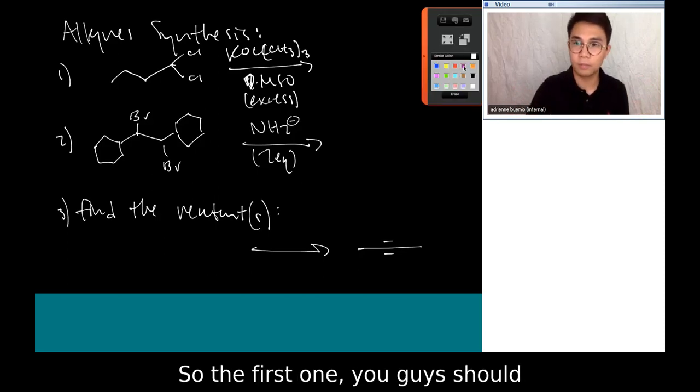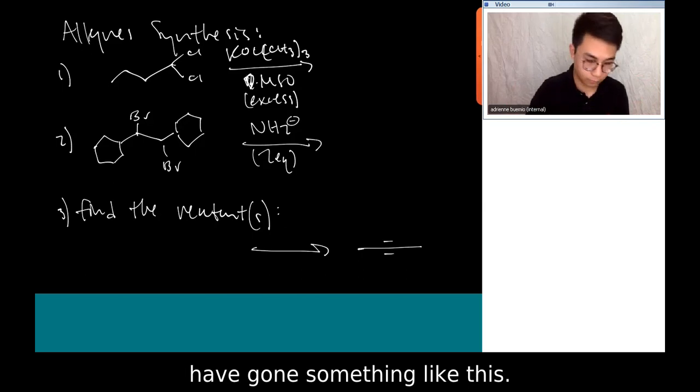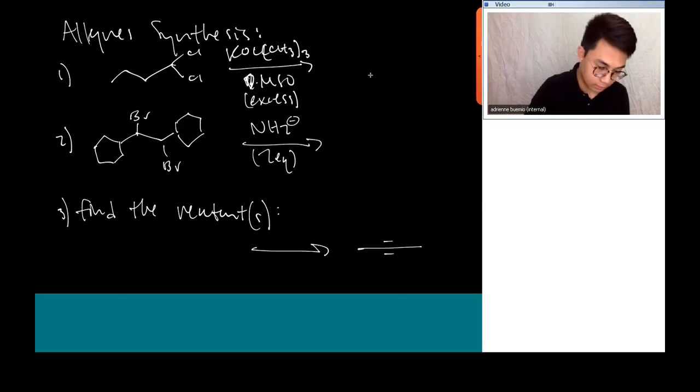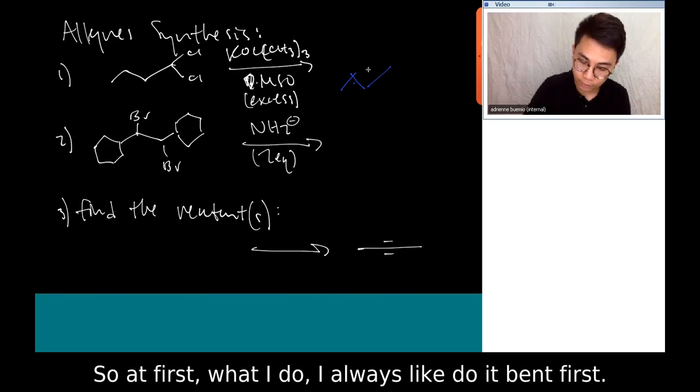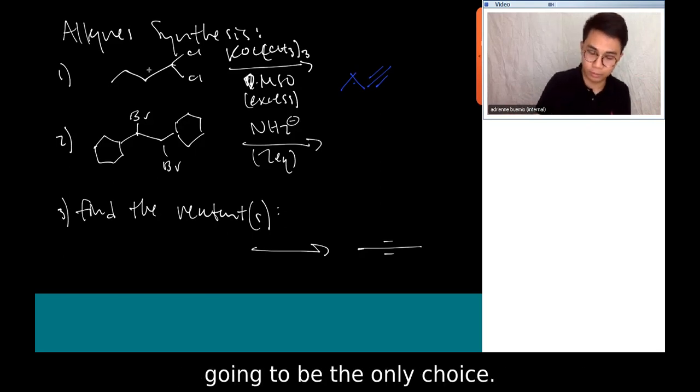So for the first one, you guys should have gone something like this. At first, I always like to draw it bent first, because we know the double bond is the only choice.